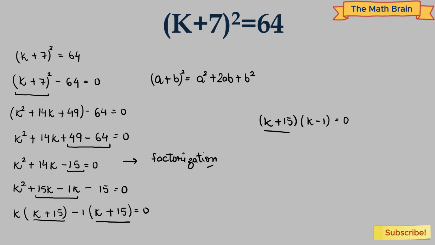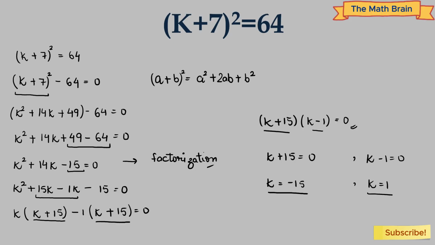By equating these terms to the 0 on the right hand side, we will get k + 15 = 0 and k − 1 = 0. From here, k = −15. This is the first solution, and k = 1.